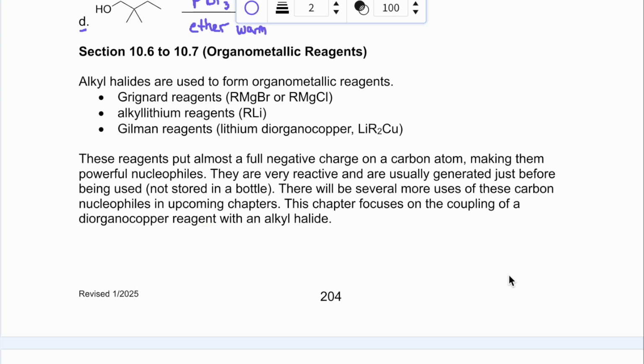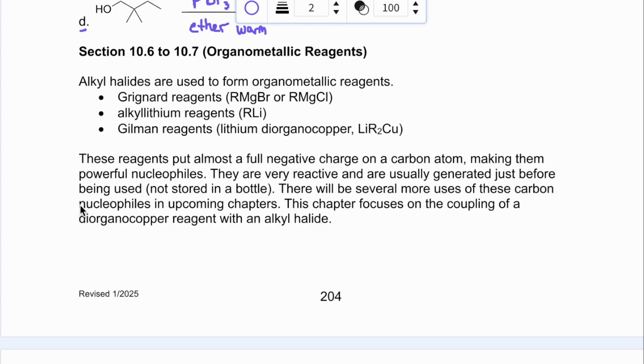Now that we know how to make alkyl halides, we can use them in a few different reactions. The main ones that we're looking at this chapter are reactions to form organometallic reagents. There are going to be other reactions using alkyl halides in some upcoming chapters. So 3 of the types of organometallic reagents we're looking at are Grignards, which use magnesium, alkyl lithium reagents, and Gilman reagents, which use copper.